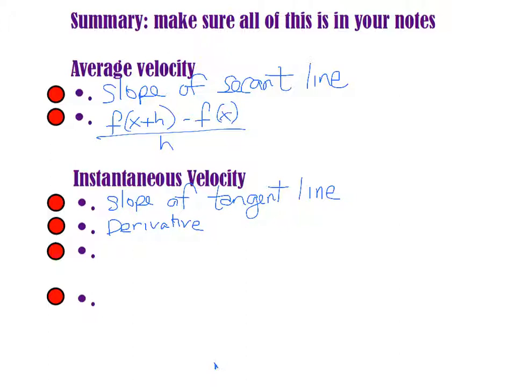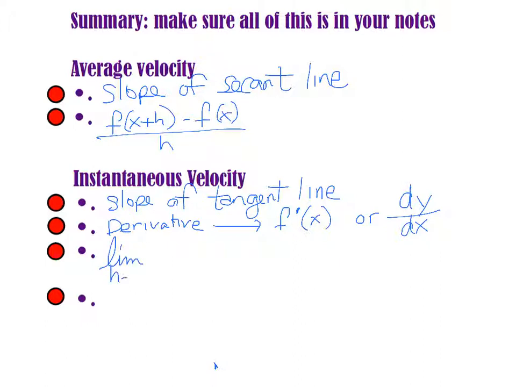When you find the derivative, we notate it as f with a little apostrophe, f prime of x, like that. Or sometimes we call it dy dx. Either one of those notations means find the derivative, which means find the slope of the tangent line, which, formula-wise, is similar to the average velocity, except that it is a limit now.